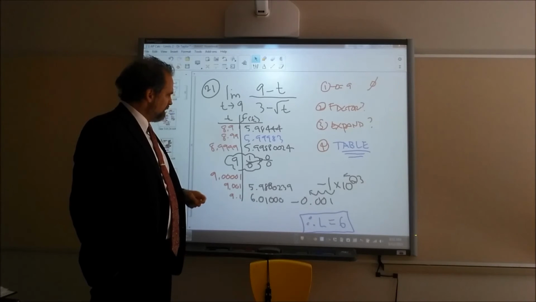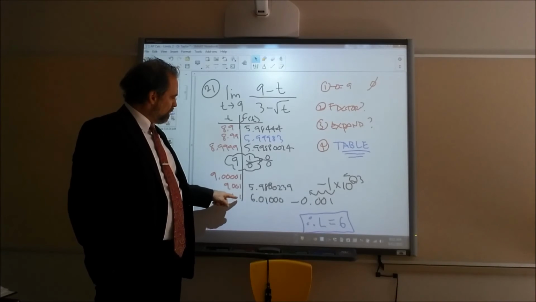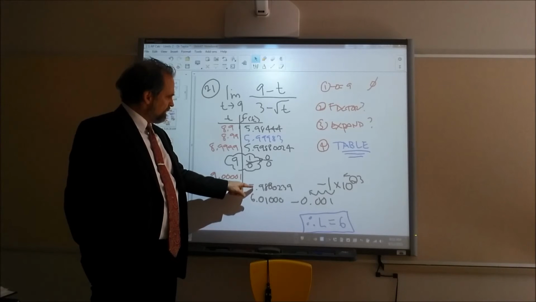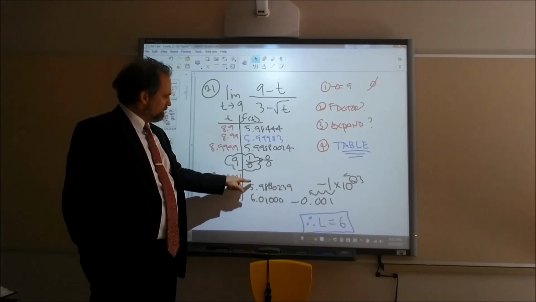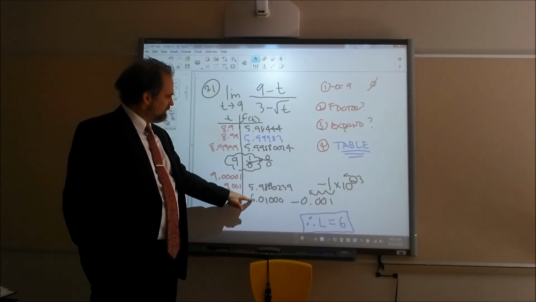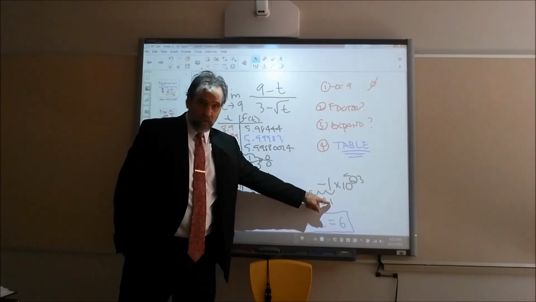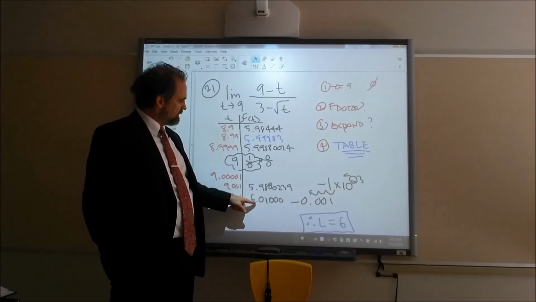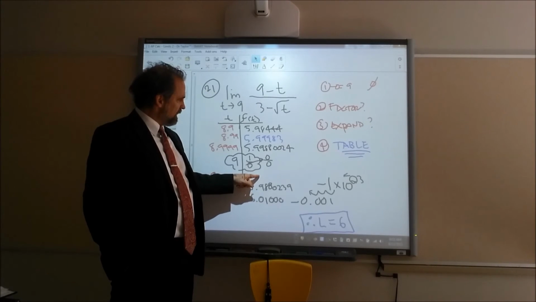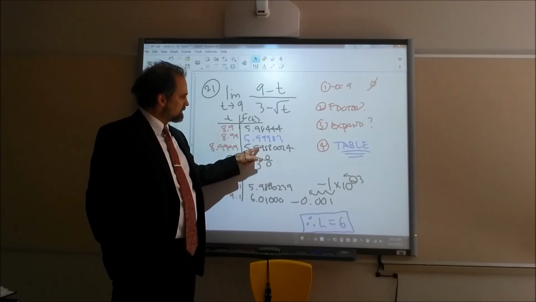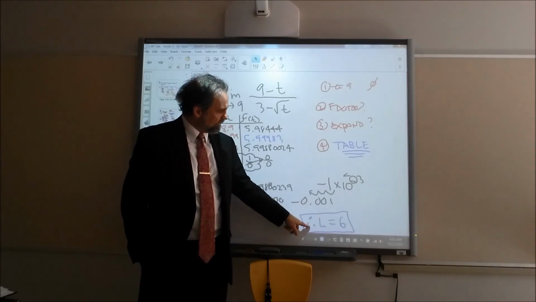But maybe not. But this is when I put in 9.1 and 9.001. I'm coming here closer and closer and closer. Oh, this minus 0.001. Okay, good. All right. So less than 6, but closer to 6. This would be yet closer. So they're approaching 6. Therefore, I'm going to say the limit is 6.